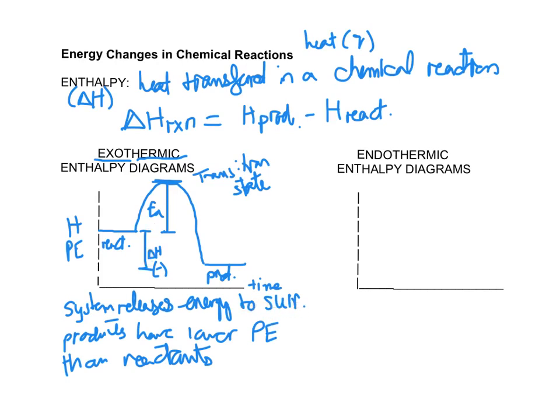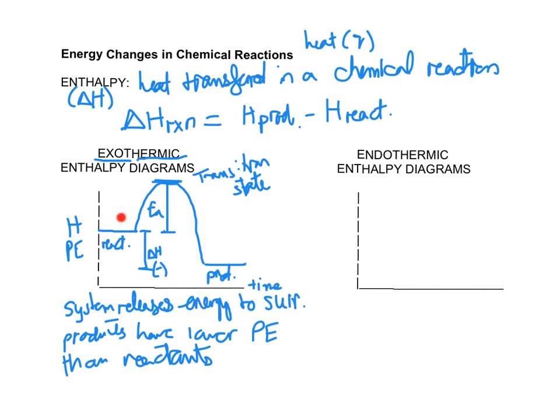Now, the surroundings take that energy in the form of heat. So the particles in the surroundings get faster and faster because they get hotter, because you're adding more energy. And because the surroundings are getting hotter, my system is also getting hotter just because the surroundings are touching my system. So in an exothermic reaction, everything gets hot.